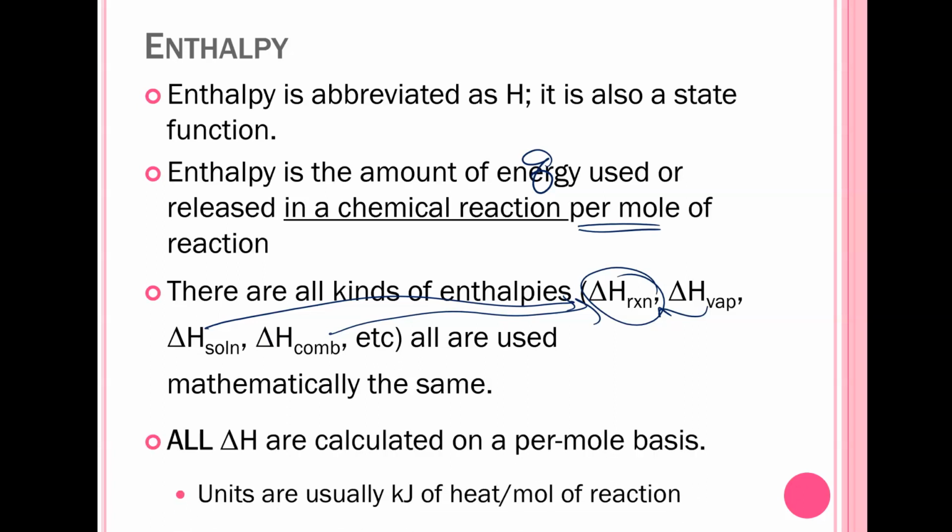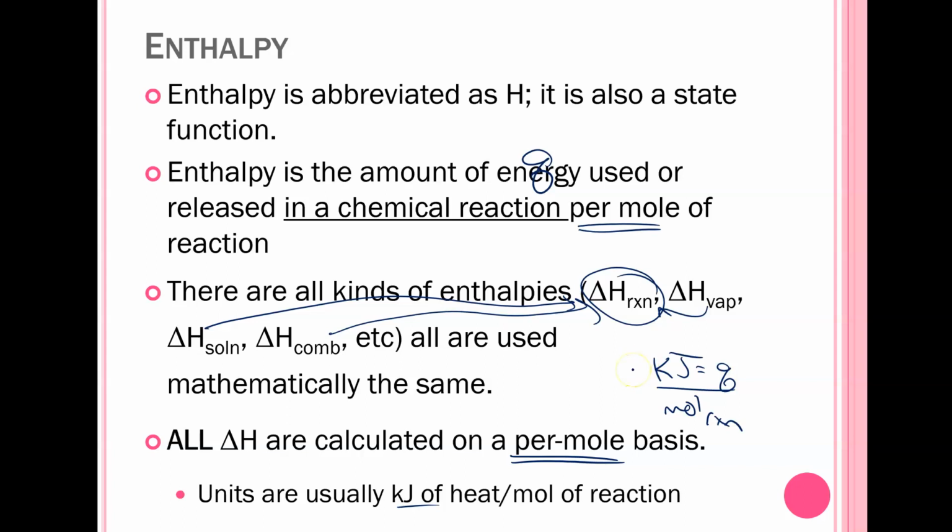And what makes delta H a state function is the fact that it's calculated on a per mole basis. So the units are kilojoules, which is a heat term, over moles of reaction. And let me go back to my analogy. So natural gas. Let's say I burn a little bit of natural gas in my furnace.